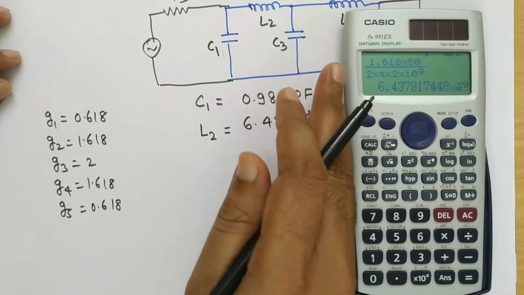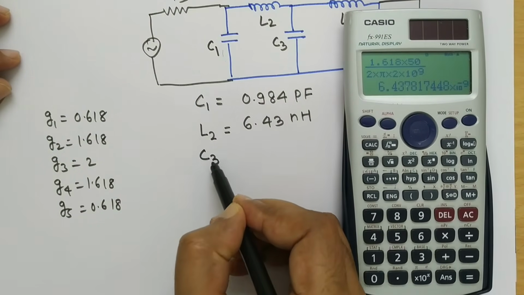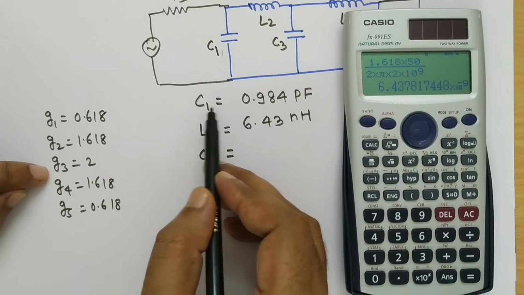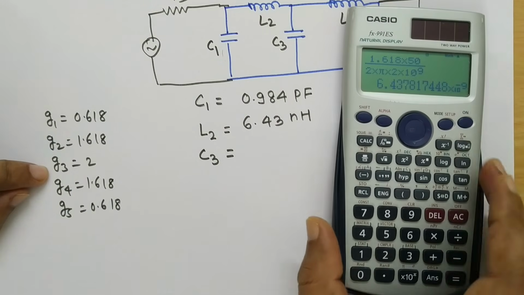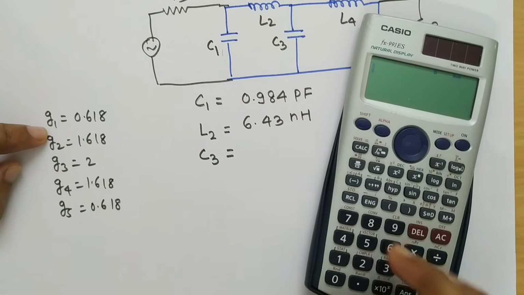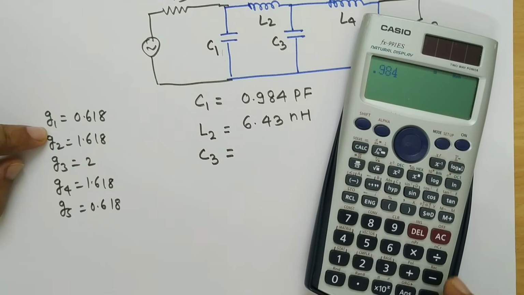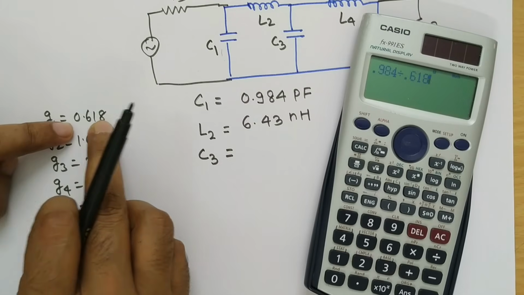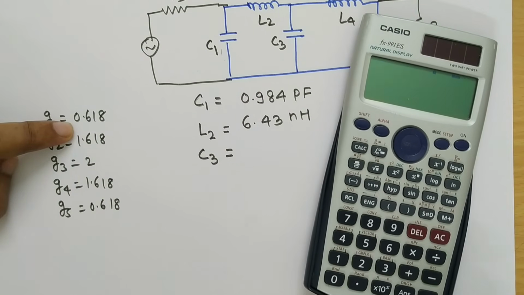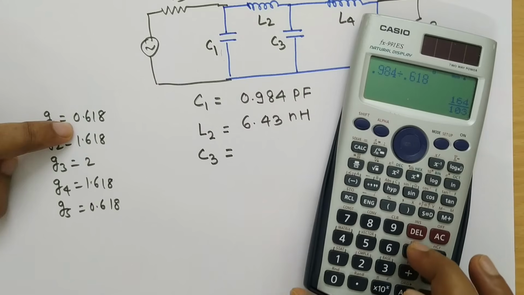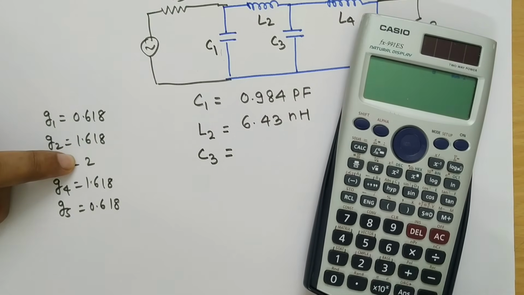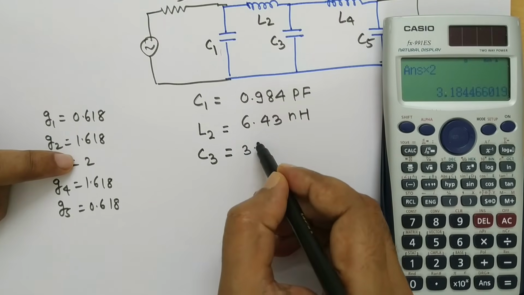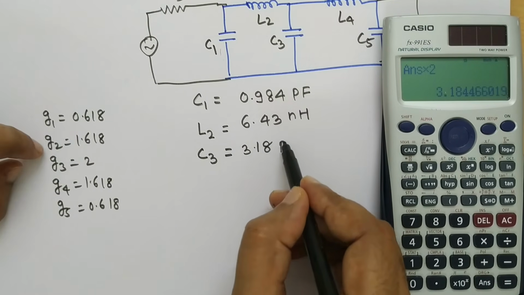Then we have C3. So for C3 we have to take G3 as 2 and calculate just like C1. We can also do one thing. Whatever value is there, 0.984, we will divide it by 0.618 because it was multiplied previously, and then we will multiply by 2 to get the actual value, which is equal to 3.18 picofarad.